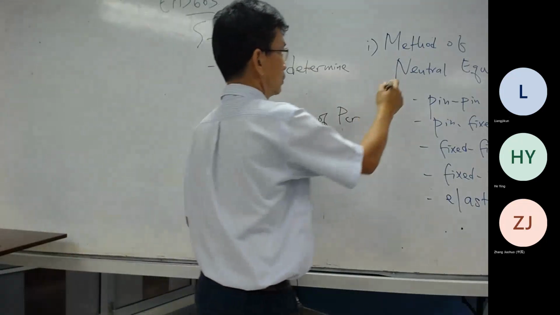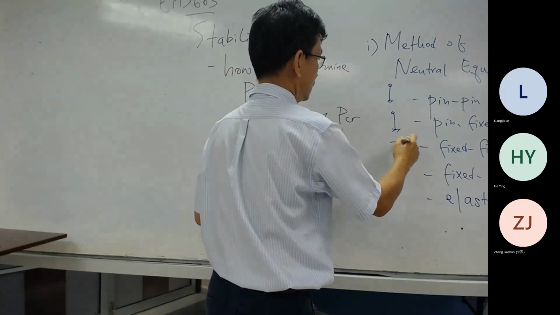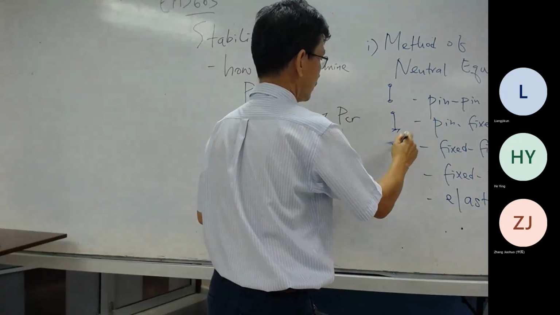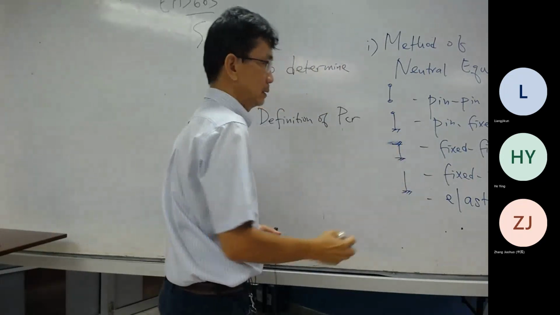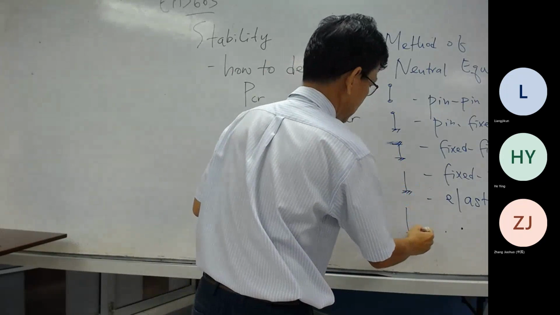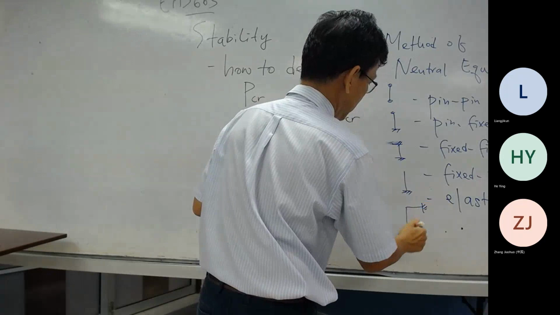Those are the things that you have gone through. So pin, fix, free, and elastically restrained. If we look at one example where it is connected to other members.